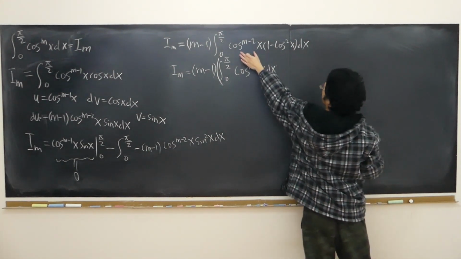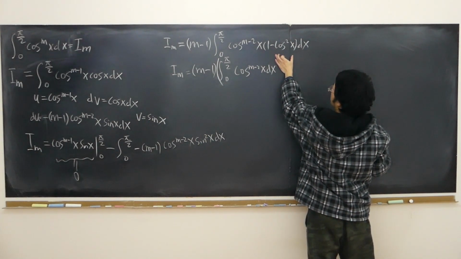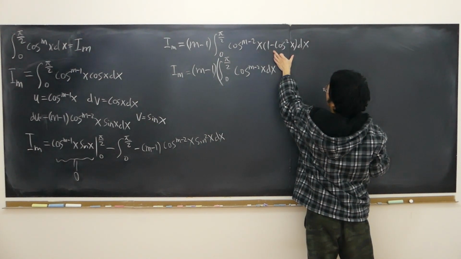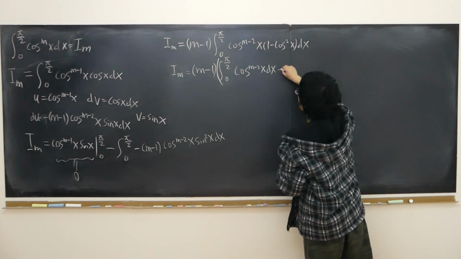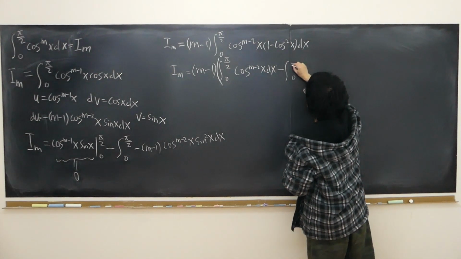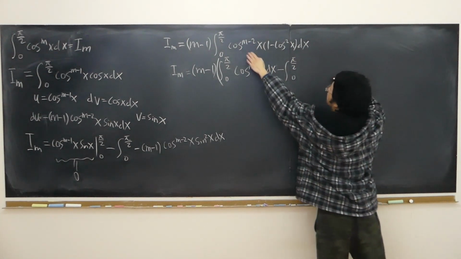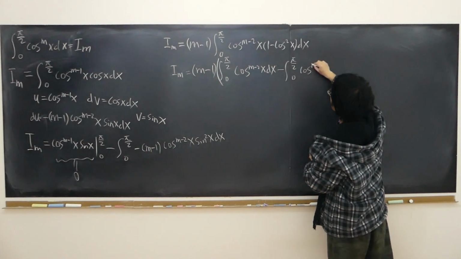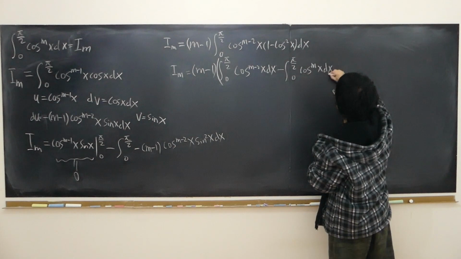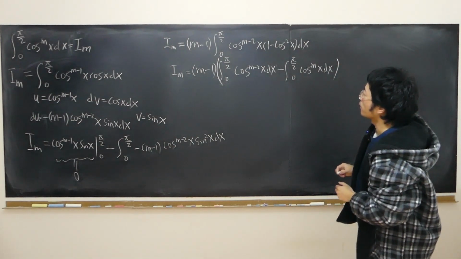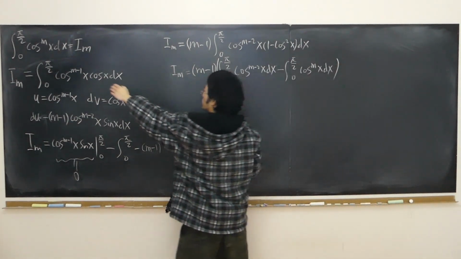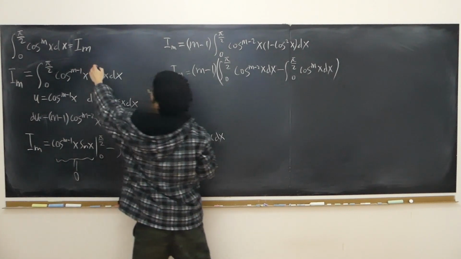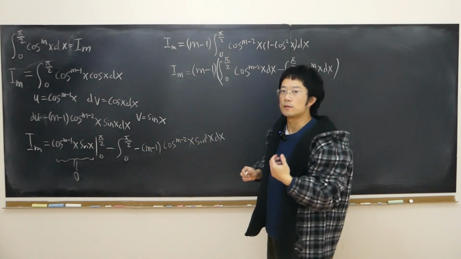Then I have to distribute this term onto this term. There is a minus sign, don't forget that. So I have to minus the integral of cos to the power of m x dx. Remember I indicate this integral by I sub m, so the subscript indicates the power.